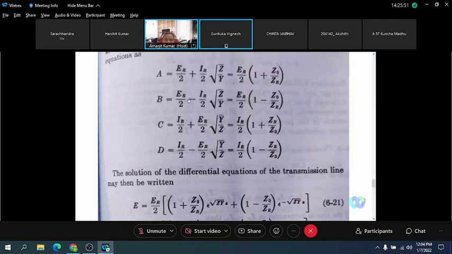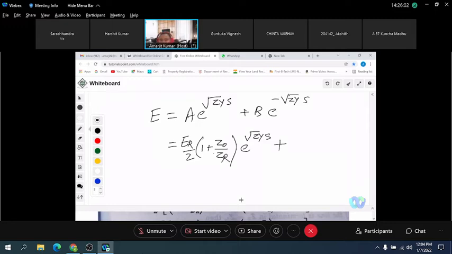So the value of B, ER, IR and root Z upon Y. So it is basically ER by 2 into 1 minus Z naught by ZR, into e to the power minus root ZY S. So this is the voltage in terms of receiving end voltage and receiving end impedance and characteristic impedance.